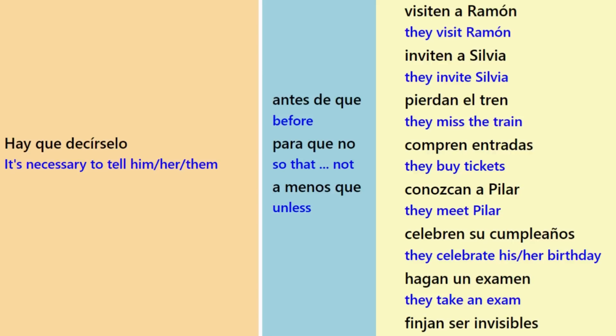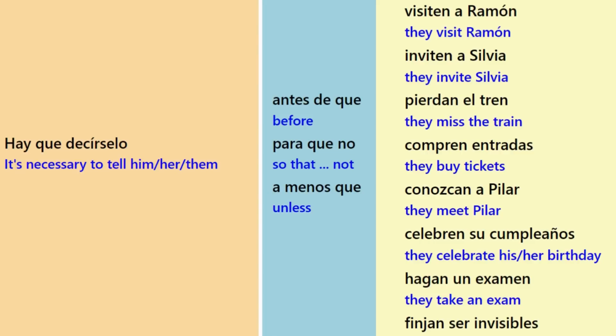Okay, so have a listen and work out what's being said. Hay que decírselo antes de que inviten a Silvia. We need to tell them before they invite Sylvia, or they need to be told before they invite Sylvia.